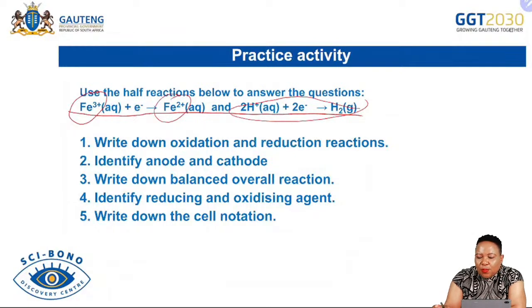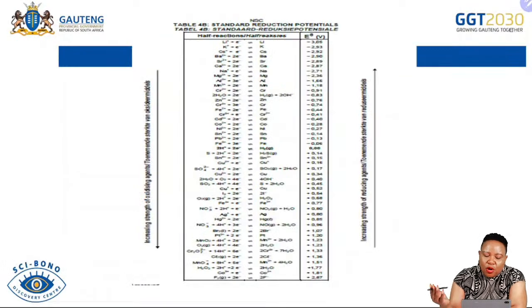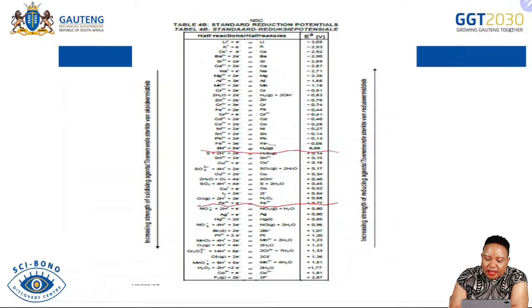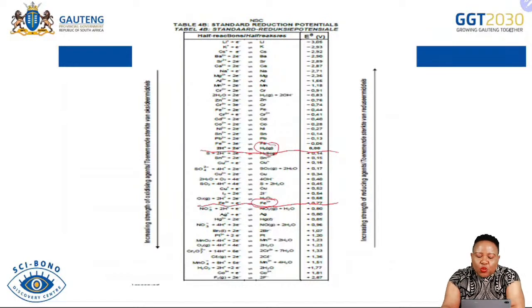So our starting point definitely will be our table. So we will look at the iron 3+ and iron 2+ half cell, which is this one, and our hydrogen half cell, which is this one. And when we compare the hydrogen gas with iron 2+, we can see that hydrogen gas will be a stronger reducing agent.